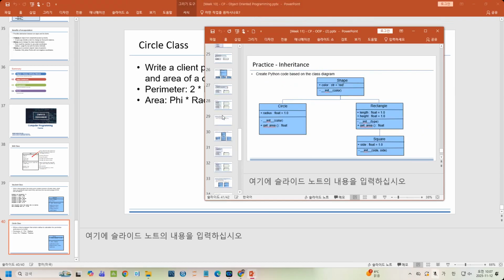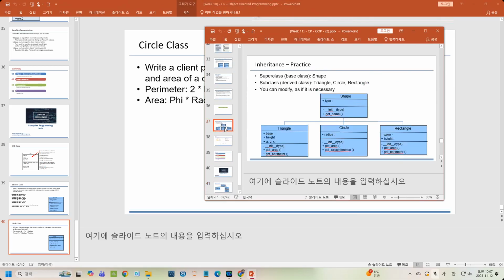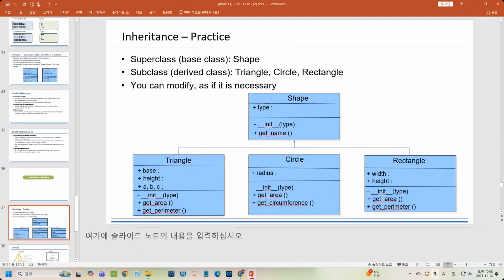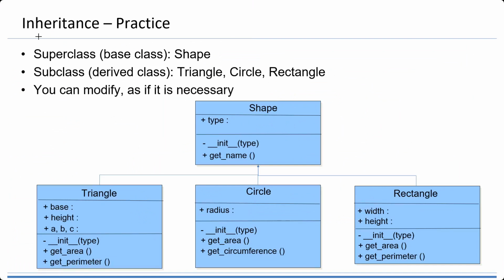So let's do the, where is it? Okay, this is the practice. Okay, let's do the practice for the inheritance. We have the super class, or we call it the base class.